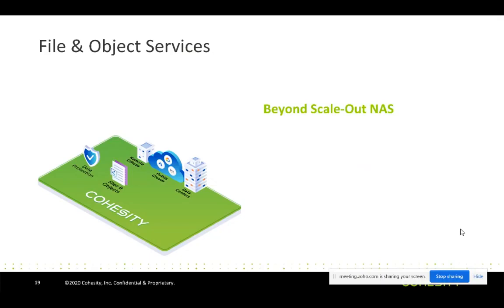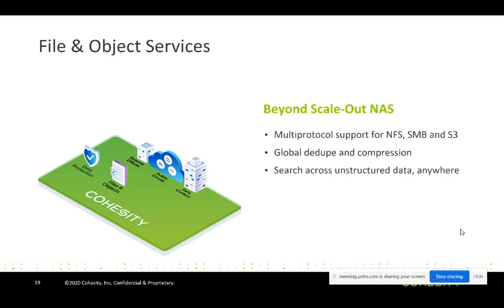But we give it in one namespace, of course. And you go even beyond the NAS, because you will have multiple protocol access to the same data, and you will enjoy the deduplication happening globally within the platform and the compression.